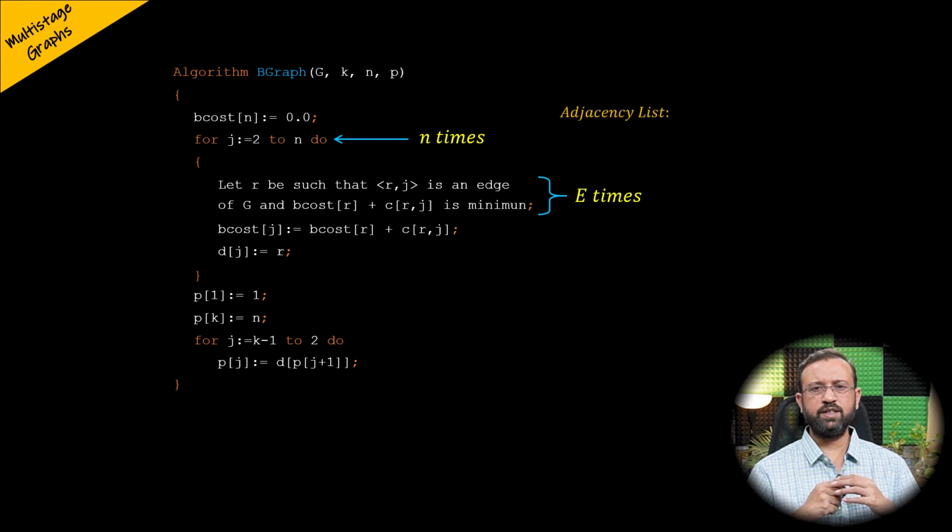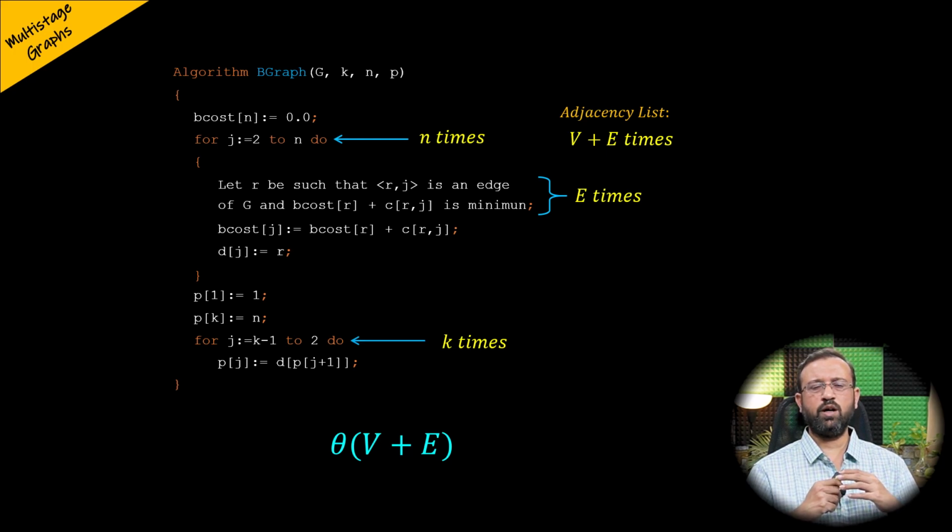But if the adjacency list is used to represent the graph, then the for loop will be taking theta of v plus e times. Then we have another for loop to find the minimum cost path, and this for loop will be taking k times to execute, where k is the stage of the multistage graph. Therefore, the overall complexity of this algorithm is theta of v plus e.